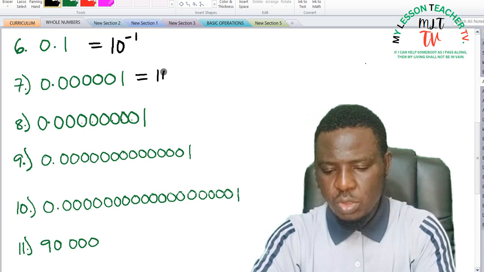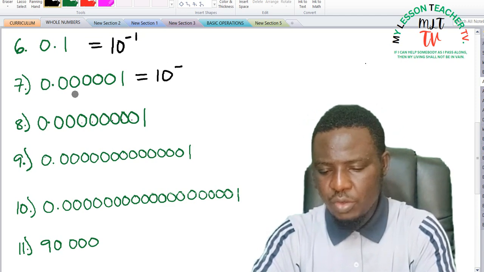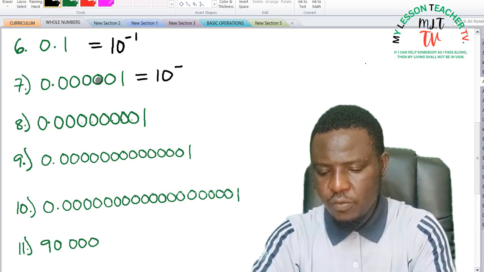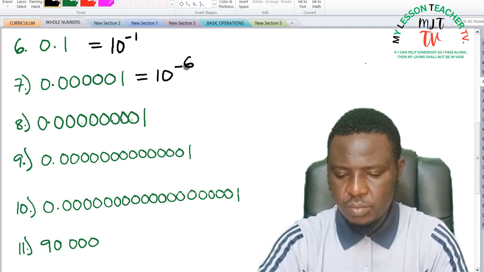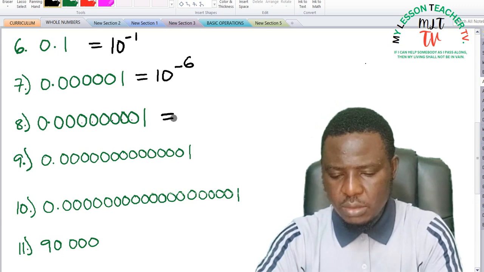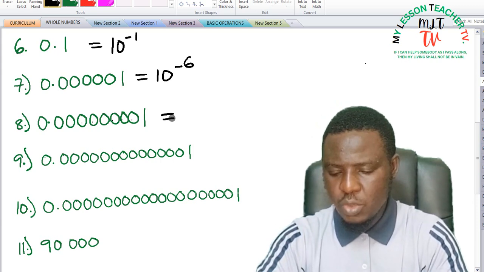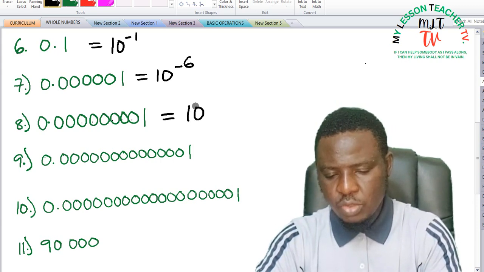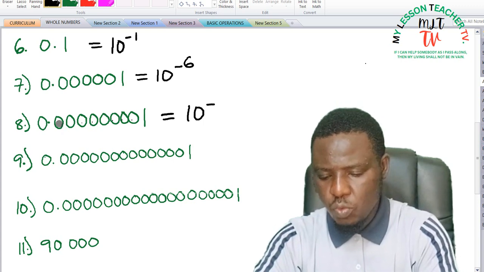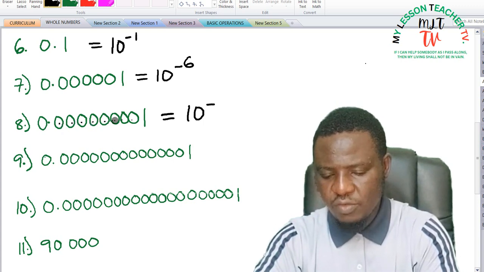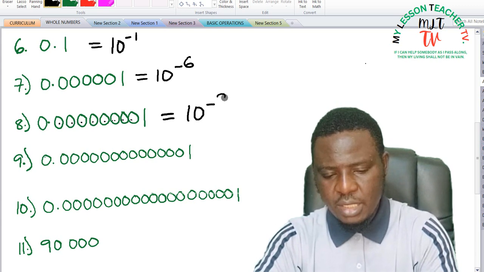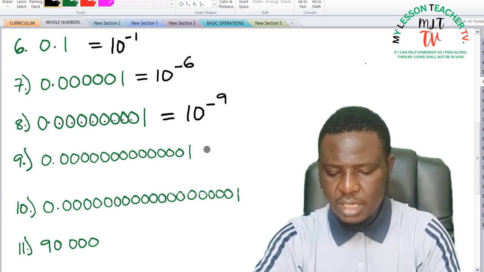Next, counting 1, 2, 3, 4, 5, 6, this is 10 raised to the power of minus 6. And for number 8, counting 1 to 9, this is equal to 10 raised to the power of minus 9.